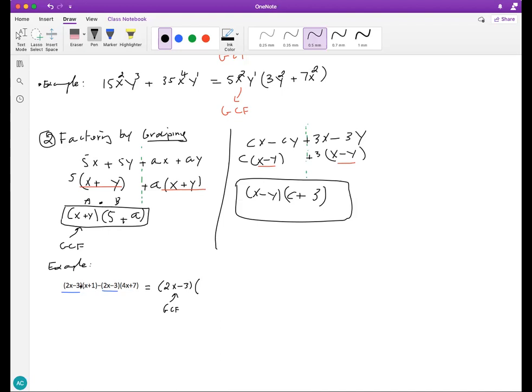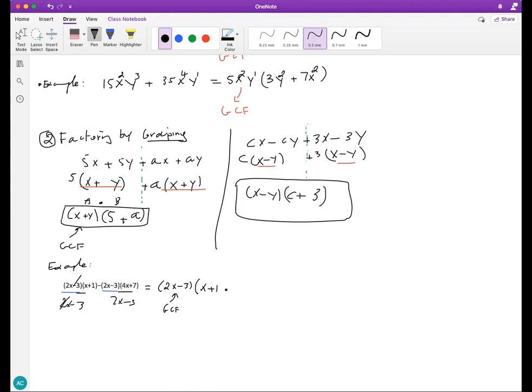We're dividing, so we're going to divide both of these by the GCF, which is 2x minus 3. So these cancel out. What's left is x plus 1. Here we have x plus 1 left.